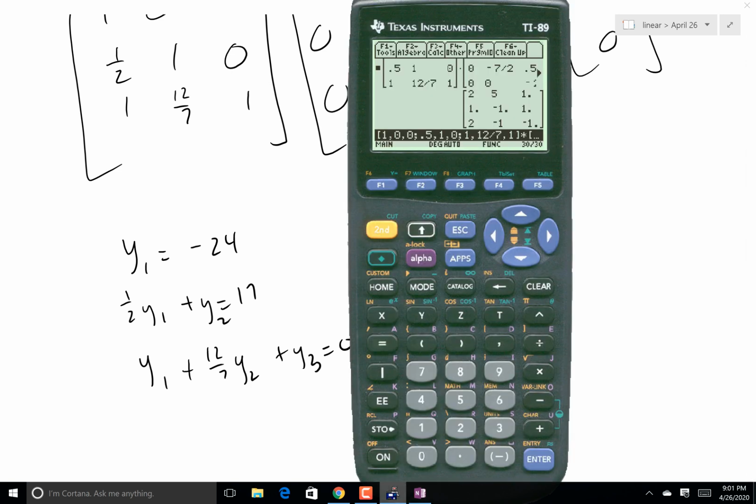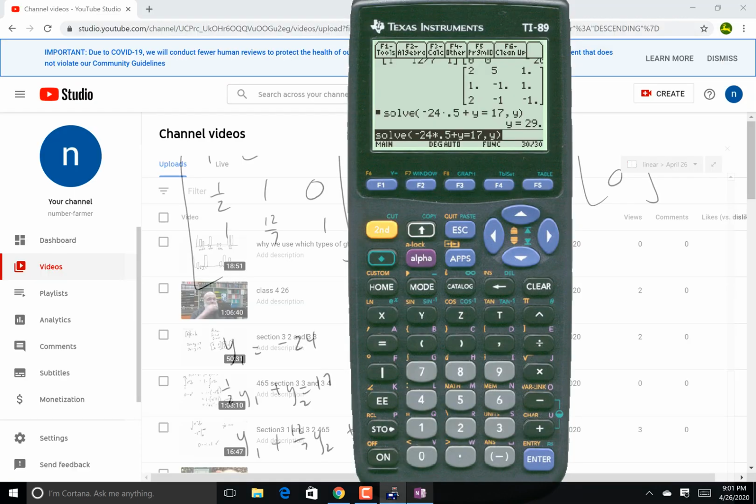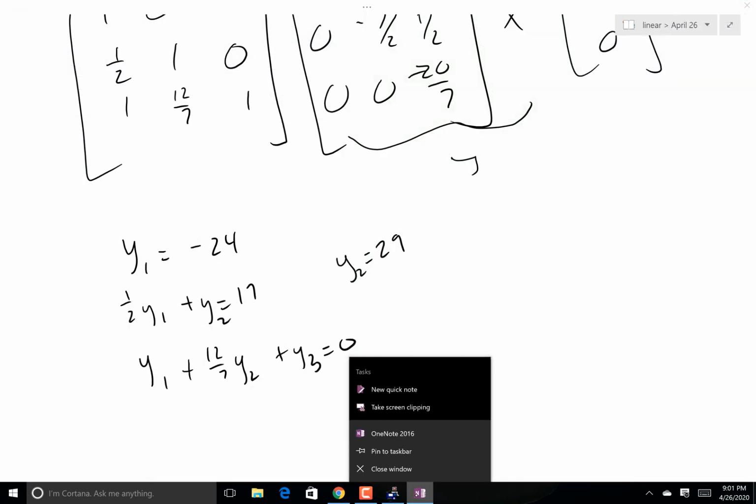Okay, let's get a calculator out. I don't trust myself at all. This is ridiculous. So I get negative 24 times a half plus y equals 17. Let's solve for y. So y2 is 29. So let's plug that in.